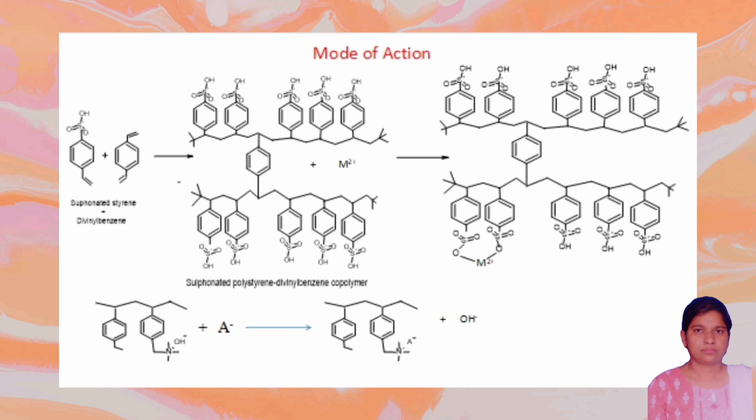In the same way, when the solution containing anions is allowed to pass through anionic resin, the negatively charged ions in the resin are replaced by the anions that are present in the solution around it.